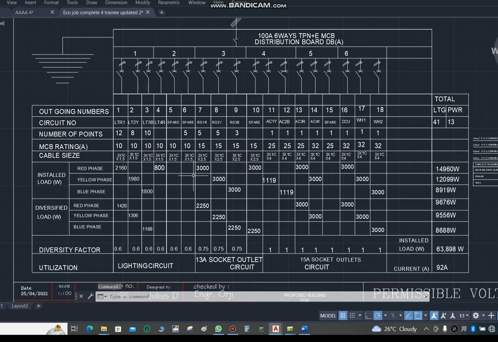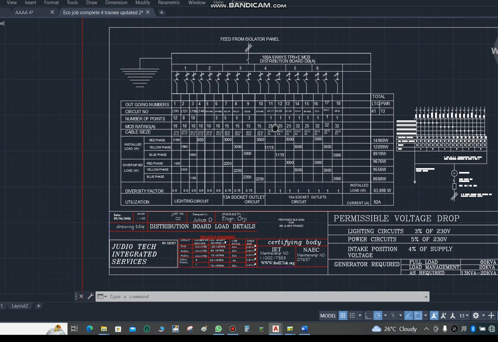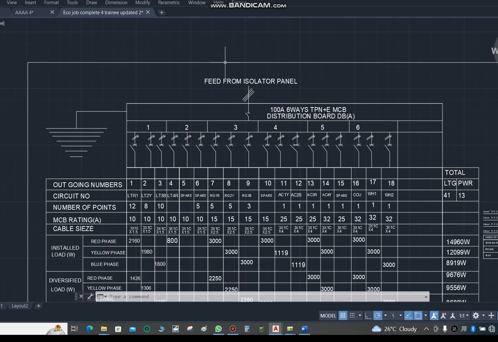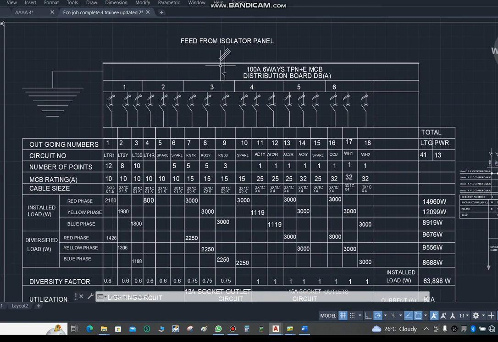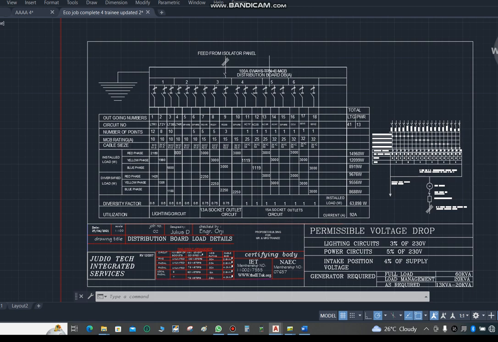Here is our distribution board arrangement. After your final connection in your distribution board, we generate what is called a certificate of completion. The certificate of completion must be generated and pasted at the back of your distribution board. This is the arrangement for you to generate that certificate of completion.